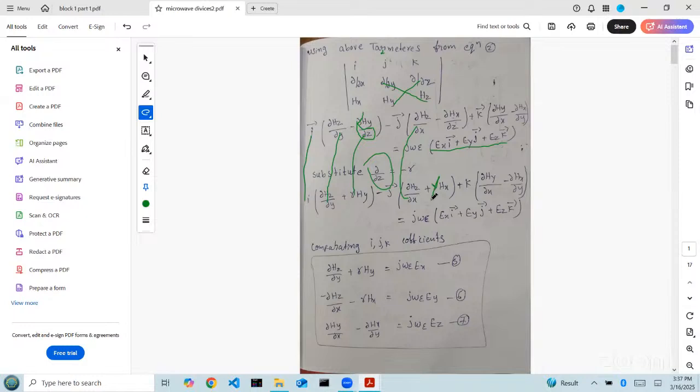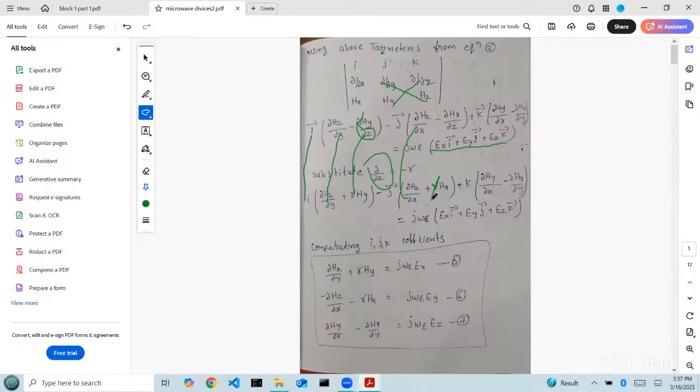For the whole term, we have the minus symbol: minus of ∂Hz/∂x minus of γHx, that is γHx equal to jωε Ey. That is the second term. Next, third term: ∂Hy/∂x − ∂Hx/∂y equal to jωε Ez.